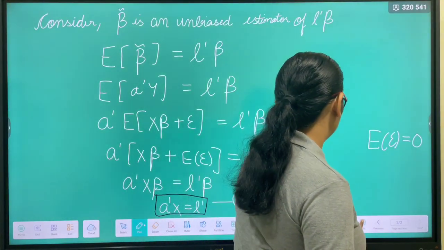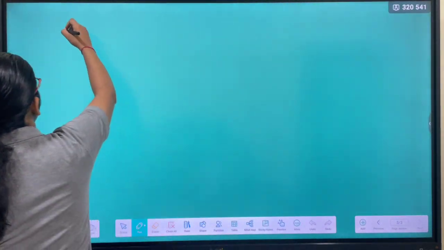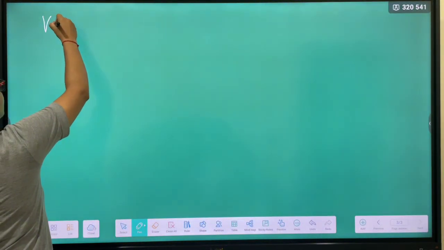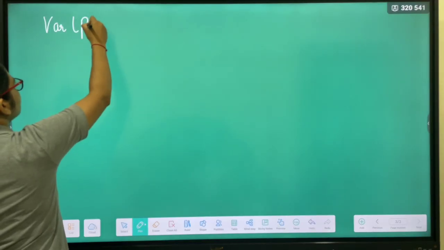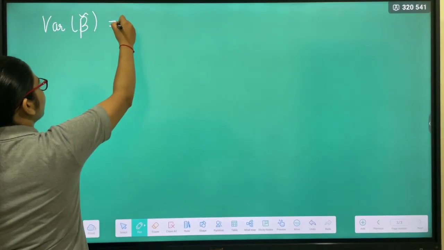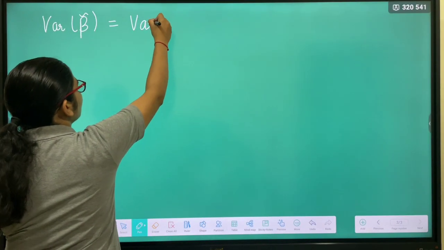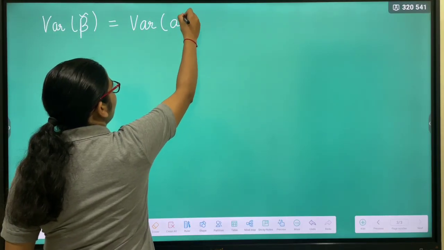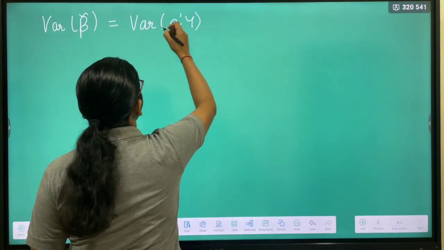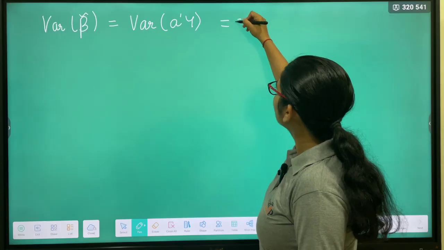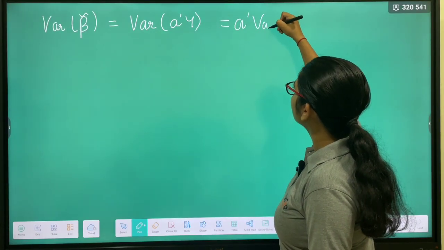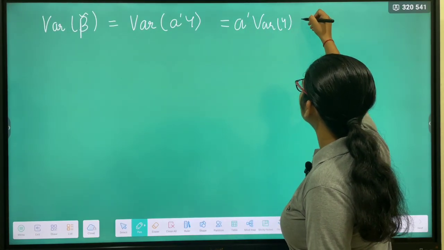Now moving on further, we will calculate the variance. Variance of beta curl is given by variance of a'y, which can be written as a' variance of y into a.